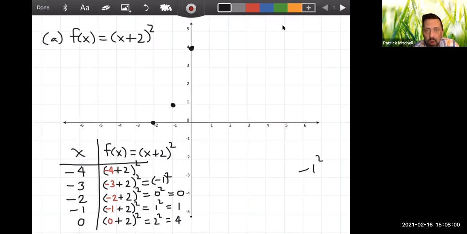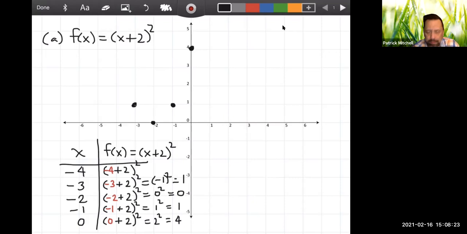What we mean here is the square of -1, so we do not mean that. The square of -1 is 1. So you see why it's so important that I wanted some x's that make x plus 2 negative? It's because when I move past -2, going to the left, this graph heads back upwards.